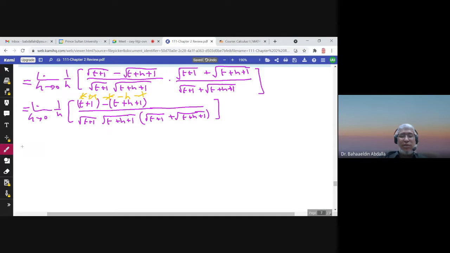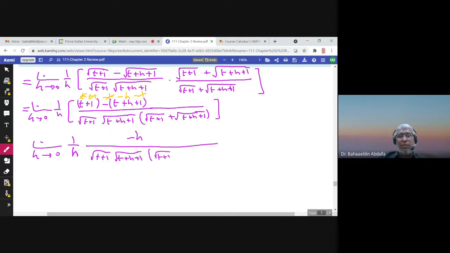So let me write 1 over h, and I have negative h in the numerator, and all of this in the denominator. h cancels with h. And now I can replace h by 0, so I have negative 1 in the numerator, and the square root of t plus 1 times the square root of t plus 1, because h would be 0, will give me t plus 1.